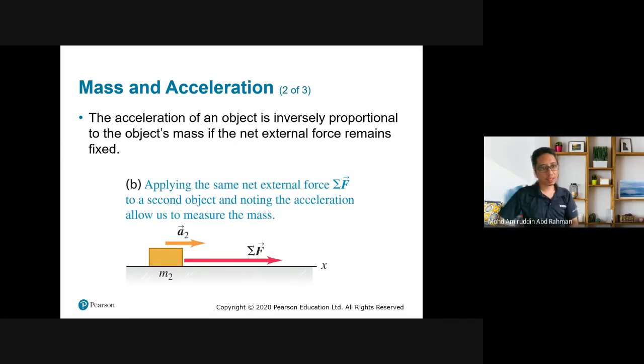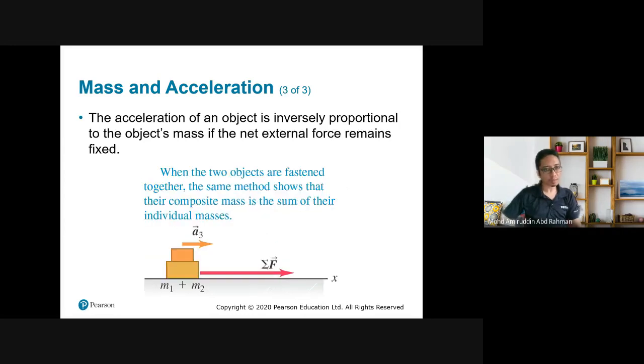Applying the same net external force to a second object and noting the acceleration allows us to measure the mass. So we can measure the mass by having similar forces acting on different objects. Let's say we are stacking both objects together, so both of them have different masses.